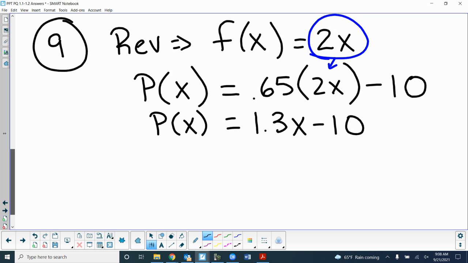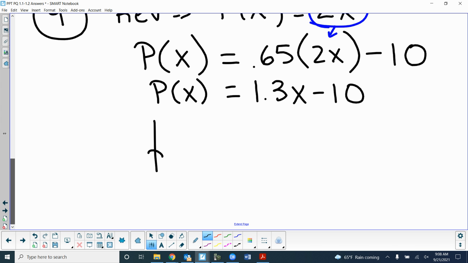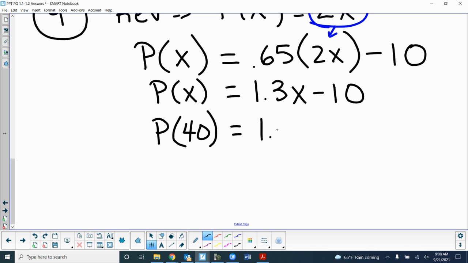So we're supposed to find the profit for how many sales? 40, right? So the profit for 40 bumper stickers would be 1.3 times 40 minus 10.